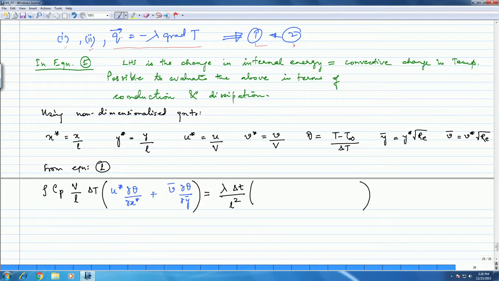I'm just trying to pinpoint where we're using this theta, because that's what we're interested in. We're really interested in the temperature flow field, right?